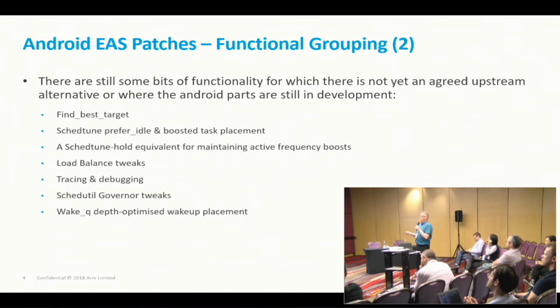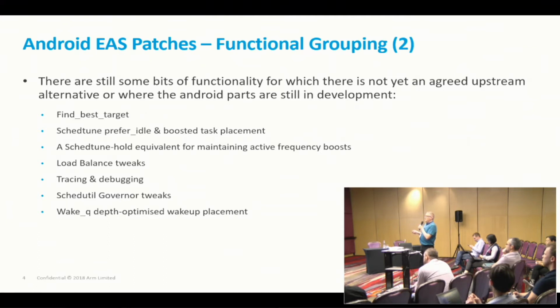That function implements a number of algorithms, but the main two are that it finds a performance target and an energy target using some heuristics, and then we use one or other of those depending upon the boost configuration of the task we're looking at. It also uses the boost configuration of the task to try and start its search on different CPUs to try and minimize latency where we need to.